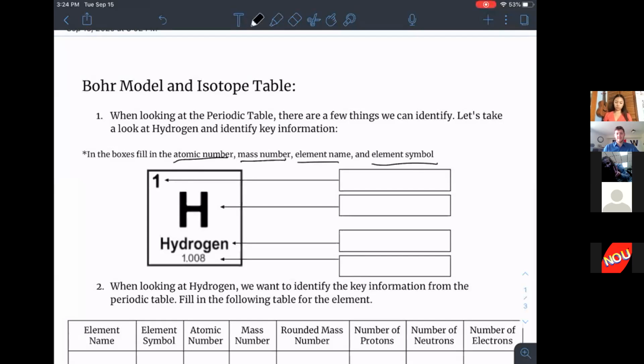The atomic number goes on the very top. Perfect. The element symbol goes on second to top. The mass number is on the very bottom, and the element name is second to the bottom. Awesome.